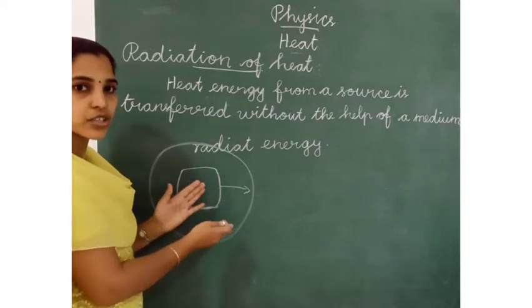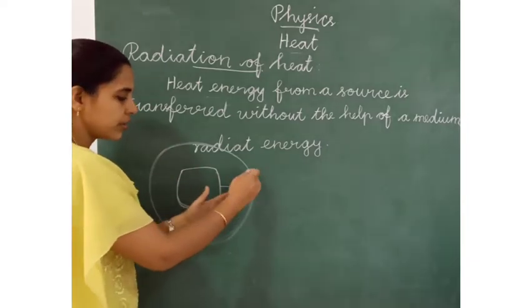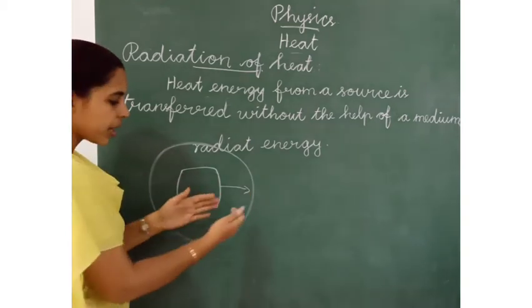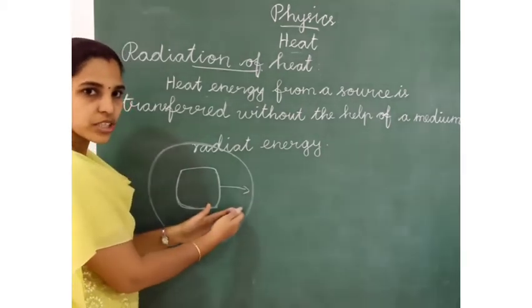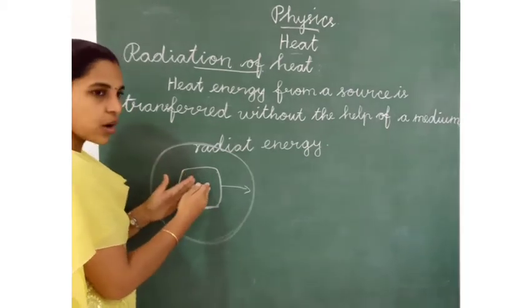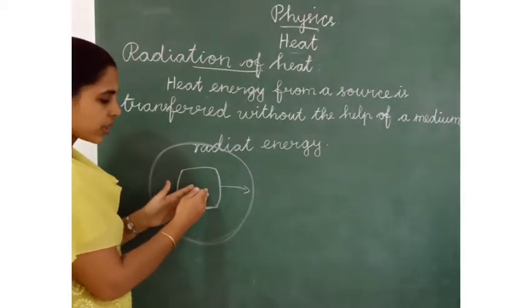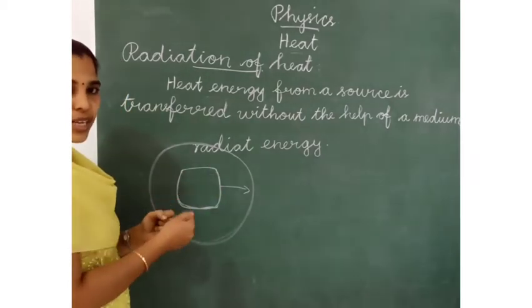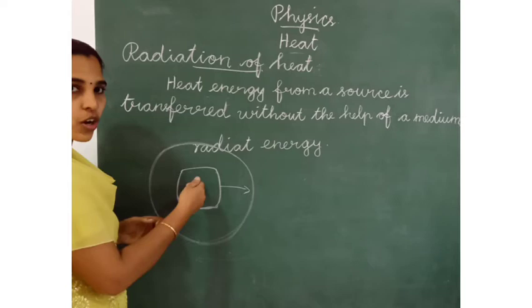This is radiation. The surroundings absorb the heat energy because they have a lower temperature while the object has a higher temperature. So the surroundings absorb heat energy from that object.